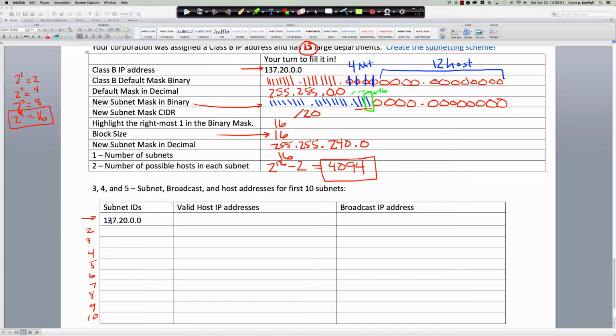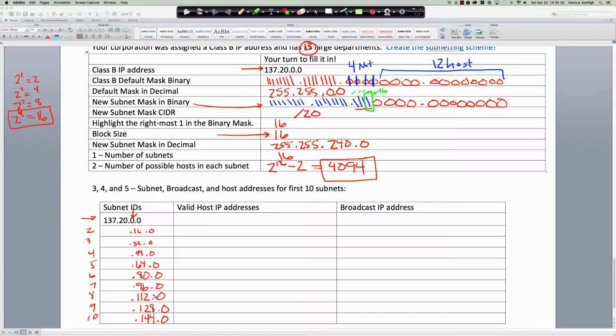Okay, let's work through here, focusing on that third octet, right? So it's going to be .16.0, .32.0, .48.0, .64.0, .80.0, .96.0, .112.0, .128.0, .144.0, and so on.